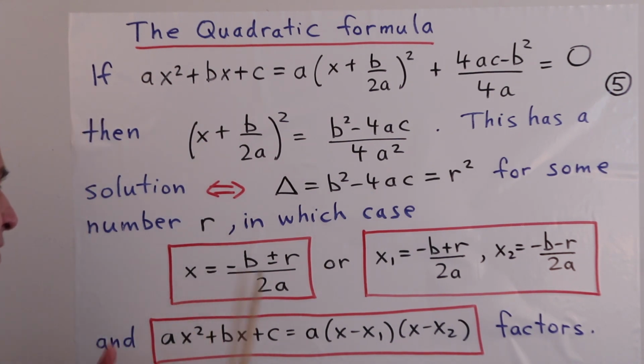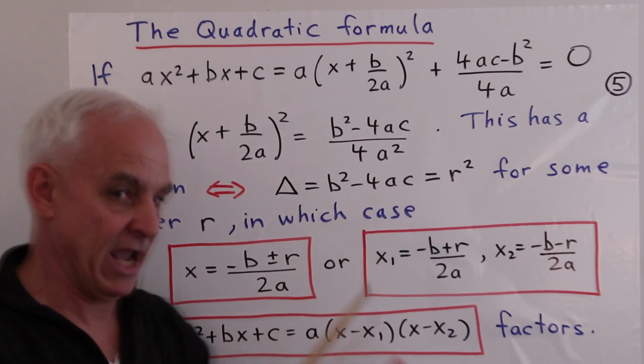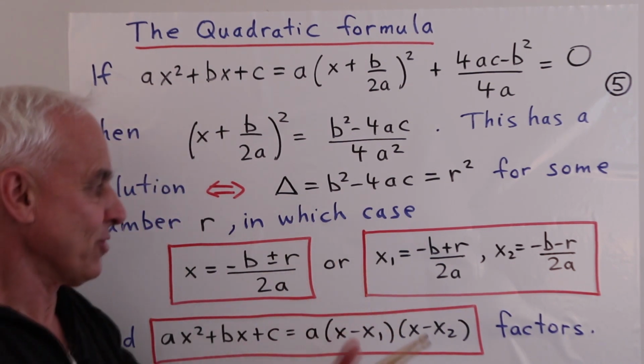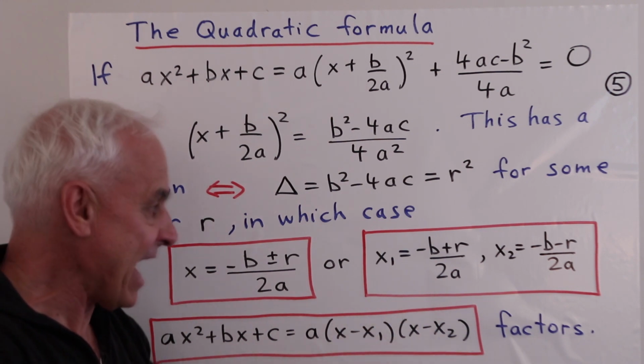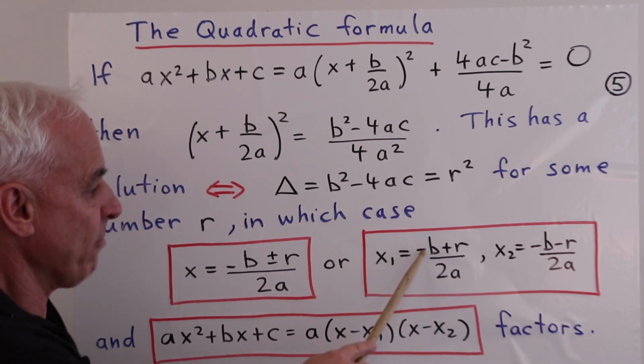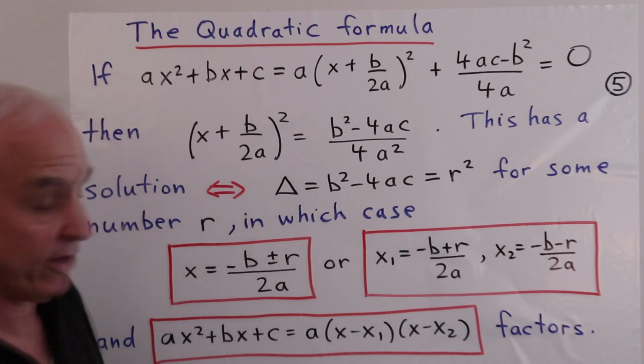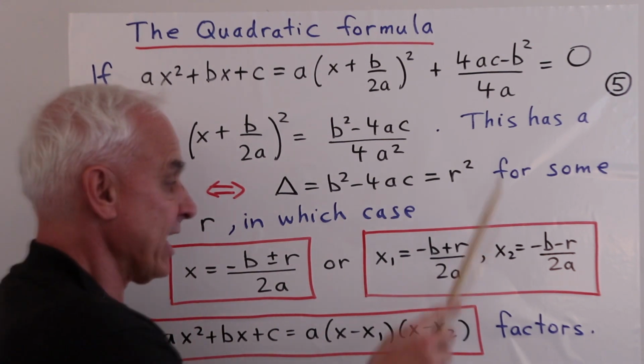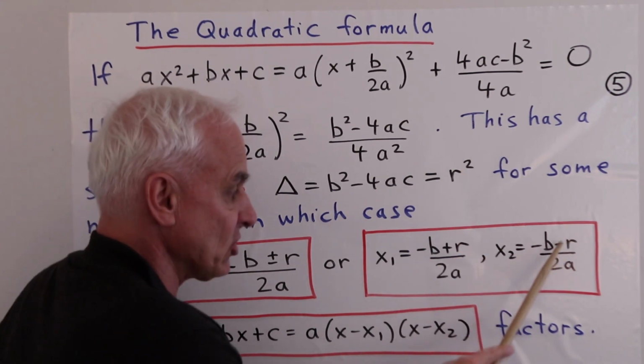So we can capture both of those in this somewhat loose expression where we use this plus or minus sign. x equals minus b plus or minus r over 2a. Or if we want to be a little bit more expansive and list the possibilities exactly, we might say x1 equals minus b plus r over 2a is one of the solutions, and the other one is x2, which is minus b minus r over 2a.